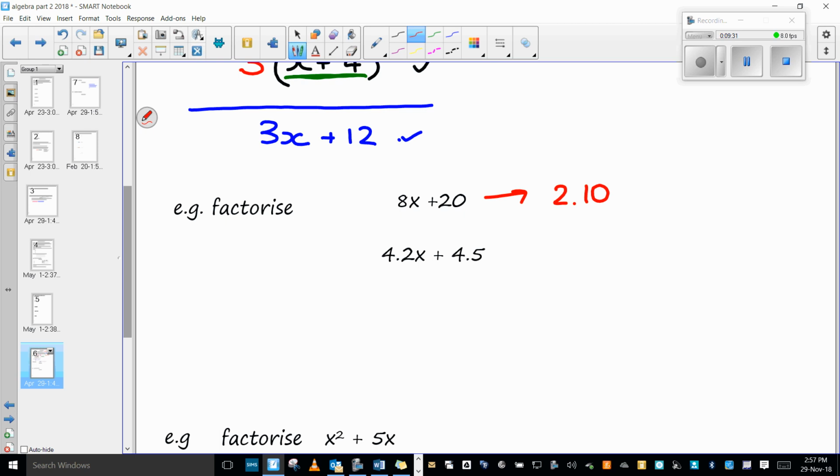Okay, we know that 8 doesn't go into 20, so that wasn't an option. So it's either going to be a 4 or a 2. So we chose 2, yep, that does go into it, but we have to check to see does 4 go into it as well. And 4 does go into 20, so we're going to choose that one because that's the biggest number. Okay, so we're always trying to find the biggest number.